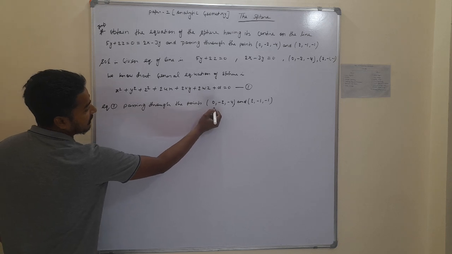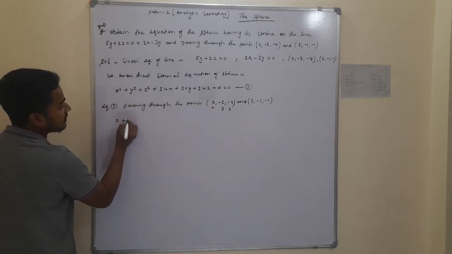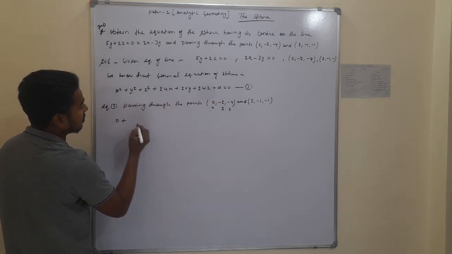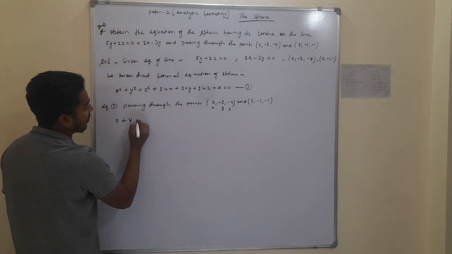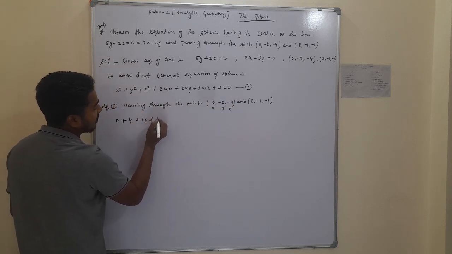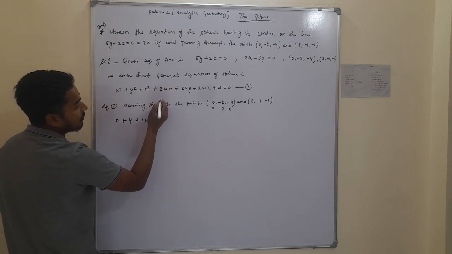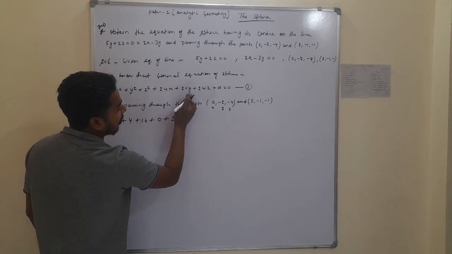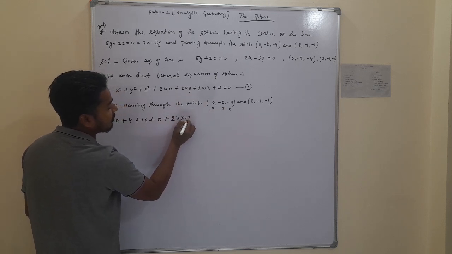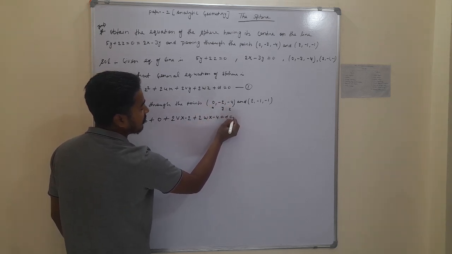In place of x, y and z, putting x we get 0, plus y squared, minus 2 squared, we get 4, and z is minus 4, squared we get 16, plus 0 for x, plus 2 into v into y, with y as minus 2, and plus 2w, with z as minus 4, plus d is equal to 0.